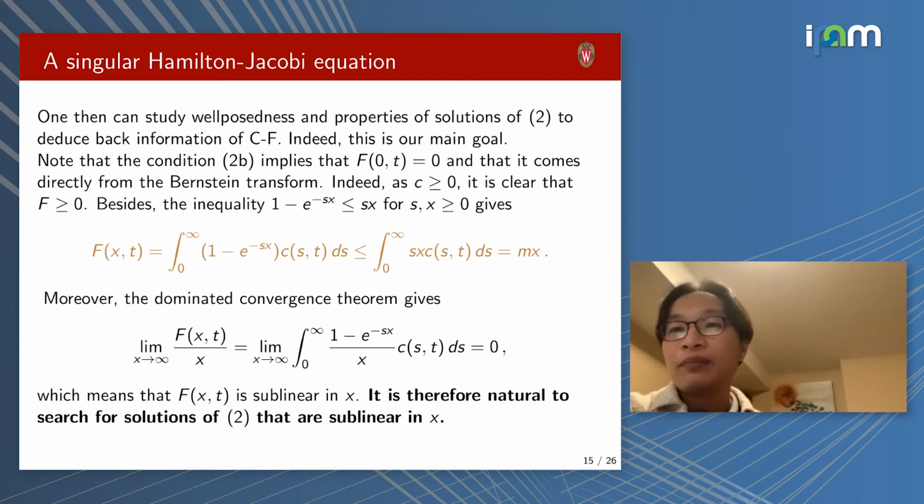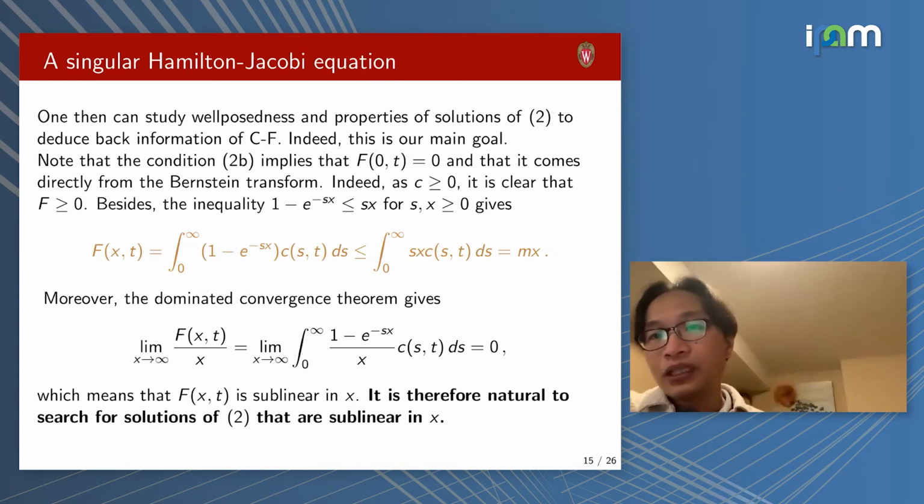It is bounded between 0 and mx because of the inequality I wrote down over there: 1 minus e to the minus sx is less than or equal to sx. Using that, and remembering that the integral of s times c(s) ds is just m, which is the first moment, I have the bound mx.